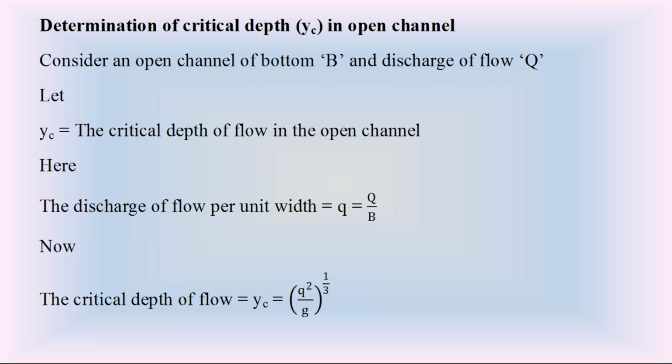To discuss that derivation of critical depth Yc, consider an open channel, rectangular, trapezoidal, triangular, circular, whatever it may be. Consider an open channel of bottom width B. Let the discharge of flow in that open channel be Q. In that open channel of bottom width B and discharge Q, let Yc be the critical depth of flow.